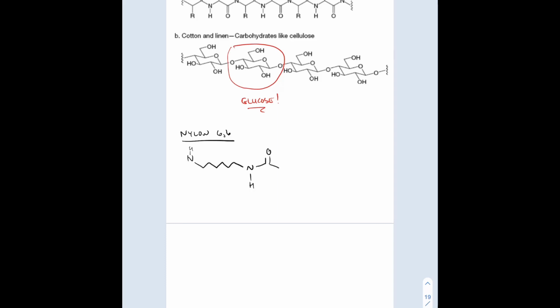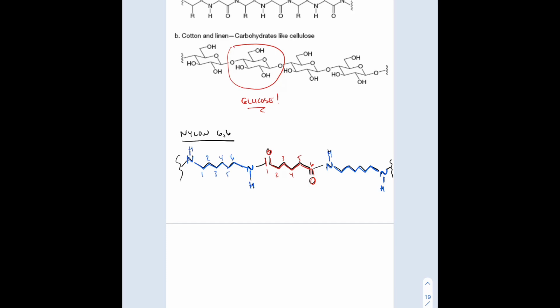So pretty cool stuff. Now, the synthetic fibers that we might be familiar with would be like nylon. So nylon 6,6 is also a polyamide and consists of this unit here. This is specific to nylon 6,6. Highlighted in blue, I have the amine portion, and then highlighted in red, I have the carbonyl source as well.